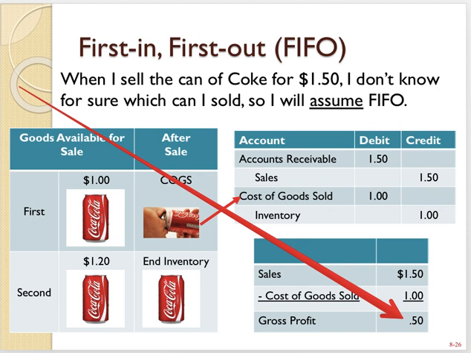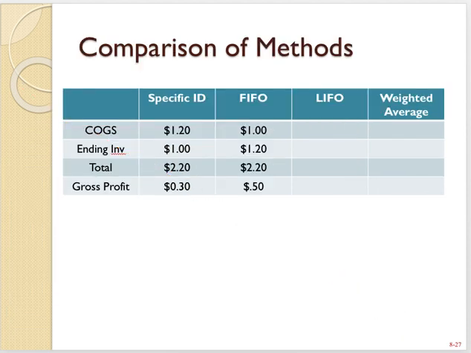So now let's look at comparison of the 2 methods we've done so far. You see now that our cost of goods sold is the $1 can. So what remains in ending inventory is the other can that we didn't sell, $1.20. But still, the sum of the cost of goods sold and the ending inventory is still $2.20, as it must be, because that $2.20 is your goods available for sale.